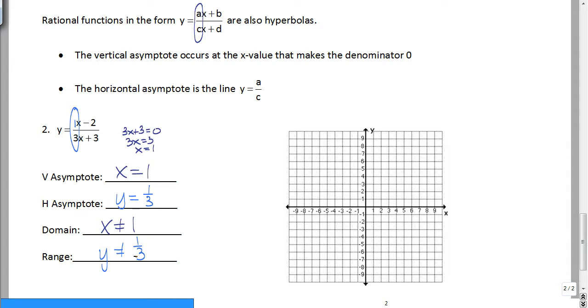And again, the graph is the exact same. You have a vertical asymptote at x equals 1, so you go to 1. It's a vertical dashed line. And then for y, we go to y is equal to 1/3, so barely above the x-axis. And then in your graphing calculator, you're going to need to type into y1.